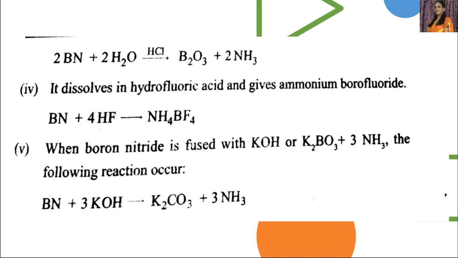And the next one is when boron nitride is fused with KOH or K2CO3, we get K3BO3 plus NH3 mixture. This reaction takes place when boron nitride is treated with KOH fused, that is, heating to high temperature.